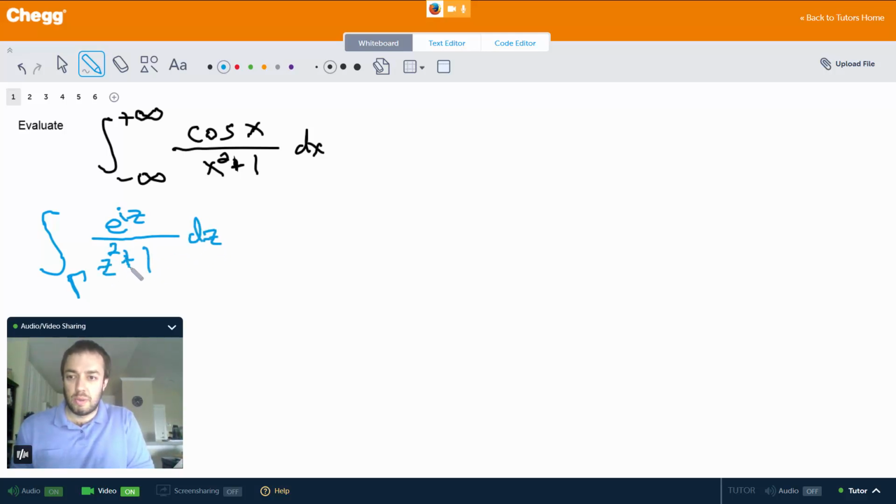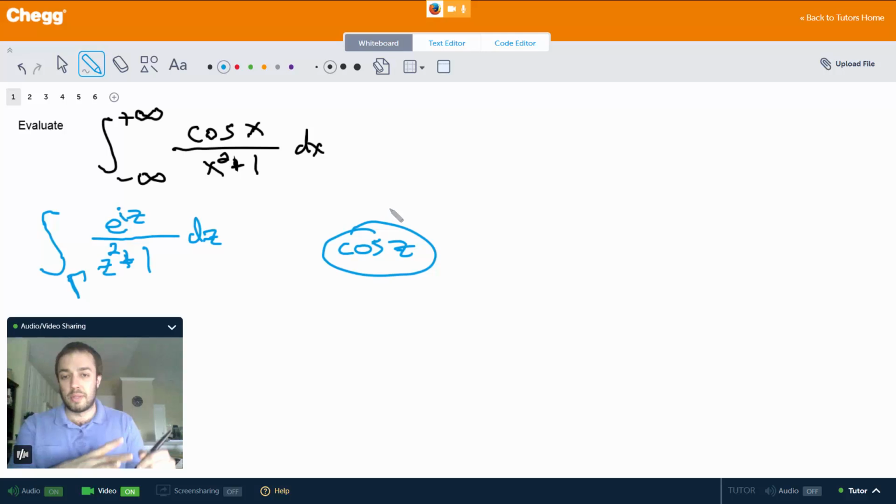Usually we replace all of our x's with z's, but cosine of z would be bad because it is unbounded as the modulus of z gets really large. So we consider e to the iz instead because it's bounded, and that's going to be better for us.